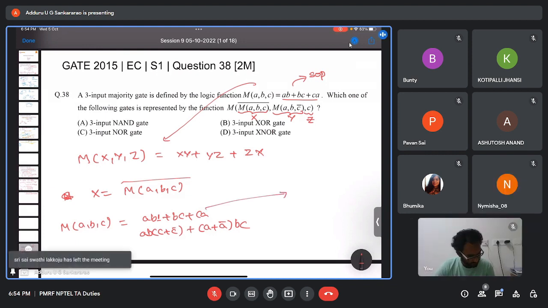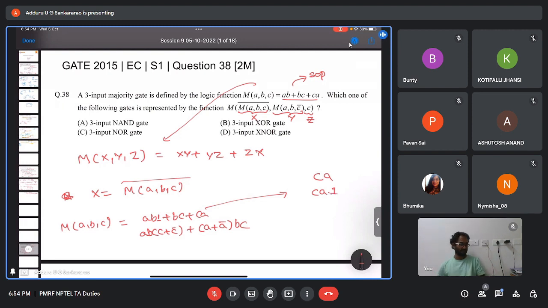You can do an AND operation with 1 without changing its value, so instead of 1 I am writing B plus B bar, since B plus B bar is 1. In this way we convert into sum of minterms form. So it will be CA into B plus B bar.